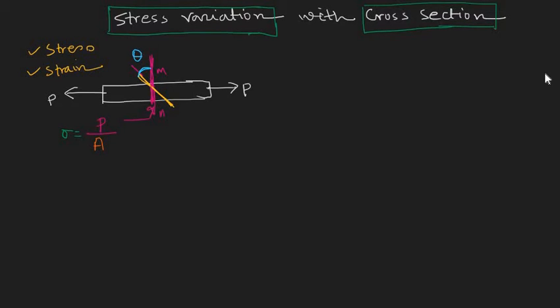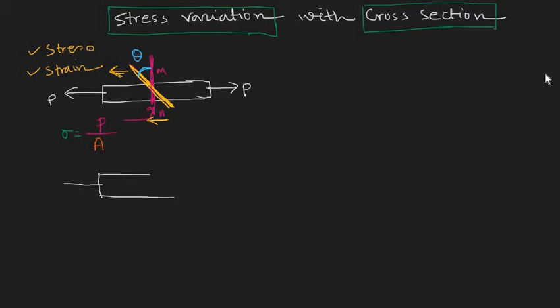To discuss all about the stresses in this oblique plane marked in yellow color, we simply have to separate this left out portion. So the free body diagram looks like this one.